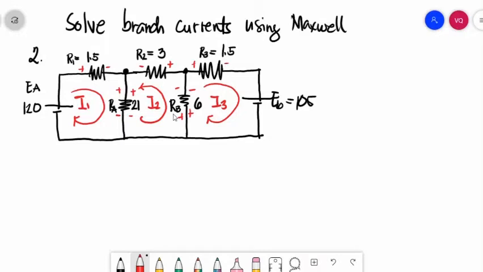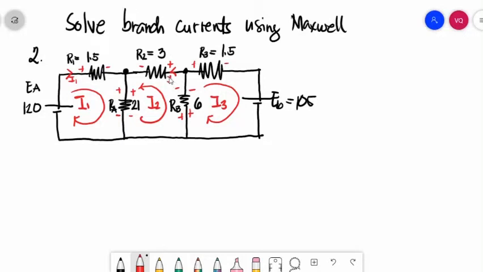We'll formulate now the equations of your loop currents I1, I2, and I3. But before that, what will be the values of your branch currents? Current flowing in R1 will be I1. So, this will be the direction. This is I1 since this is R1. R2, this is the positive.